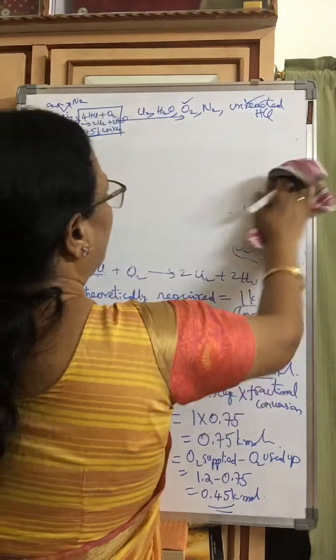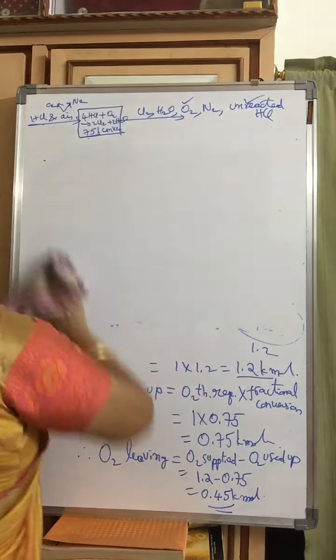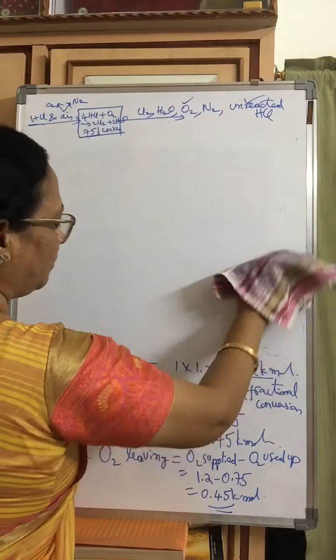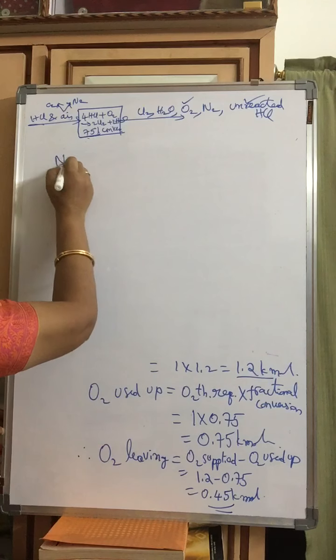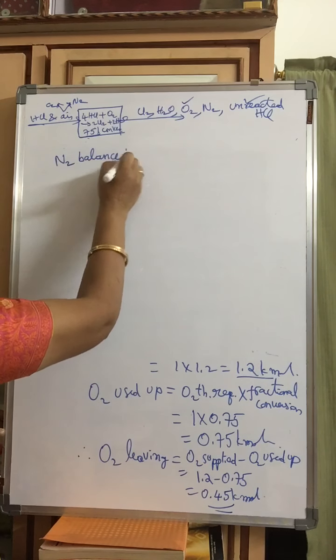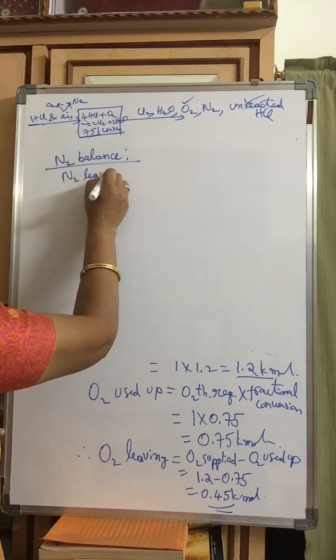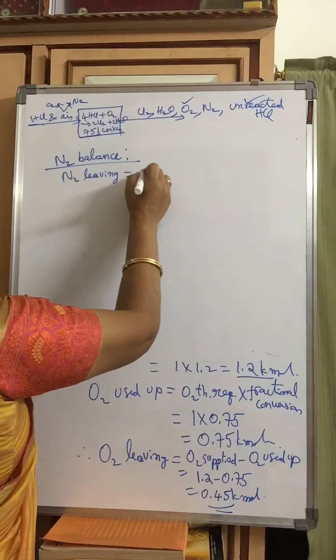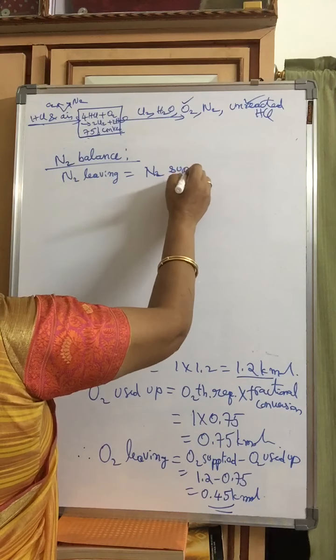Then, next, we can take nitrogen leaving. In the last class, we already discussed this in detail. So, nitrogen balance: nitrogen leaving is equal to nitrogen supplied.